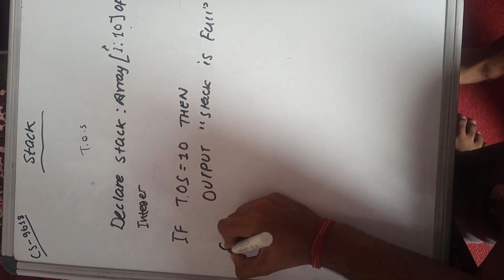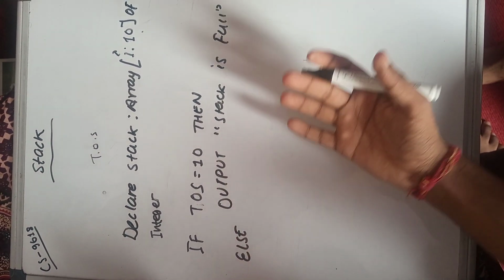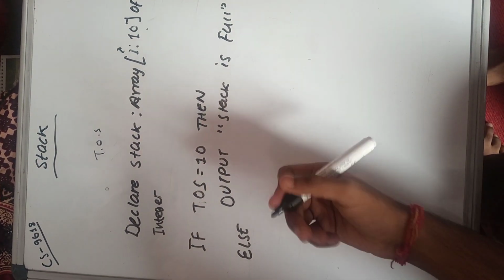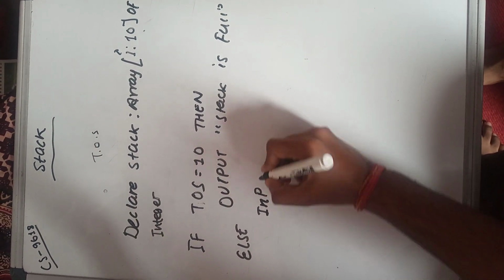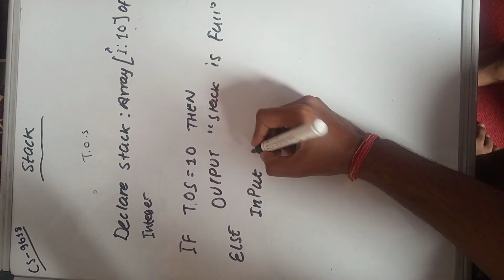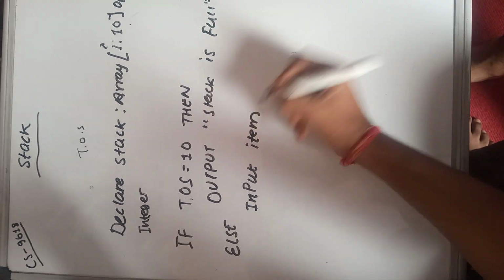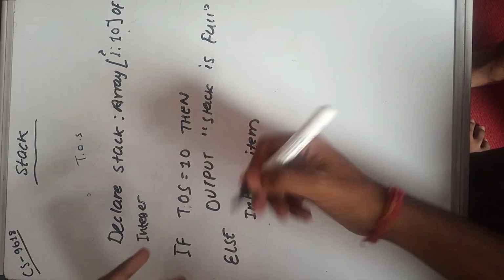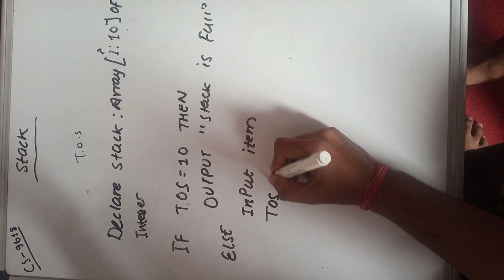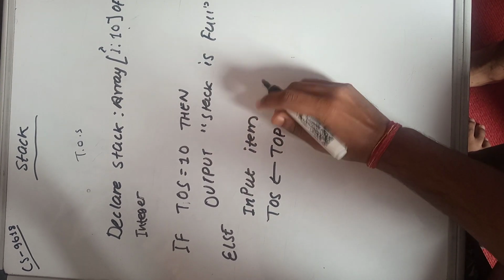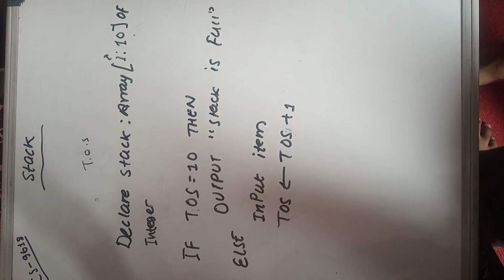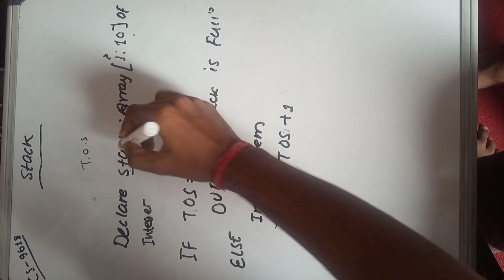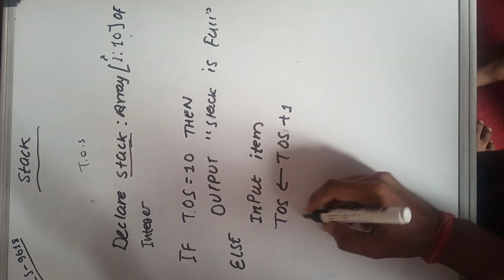And if that condition doesn't match, then we should add. First we should take input, what we want to add. Suppose something, let's call it item, and we should increase the top of the stack pointer, so it will point to the next element. Now we add to our stack, this is our 1D array.